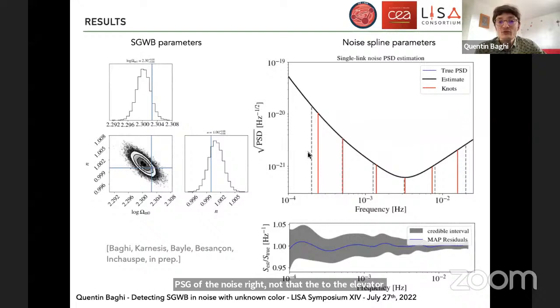And these red lines that you see are the estimated knot locations with respect to the dashed lines, which represent the knot locations that were initially set before running the MCMC. And on the bottom plot, you have some residual plots of the ratio between the estimated PSD and the true PSD.